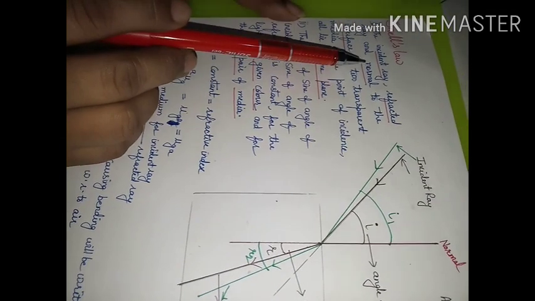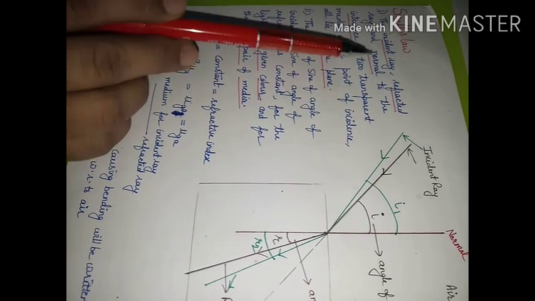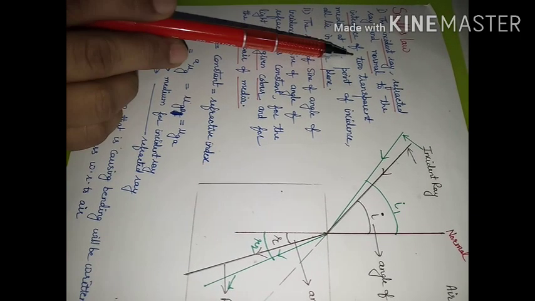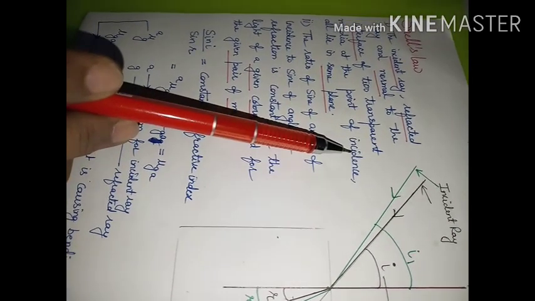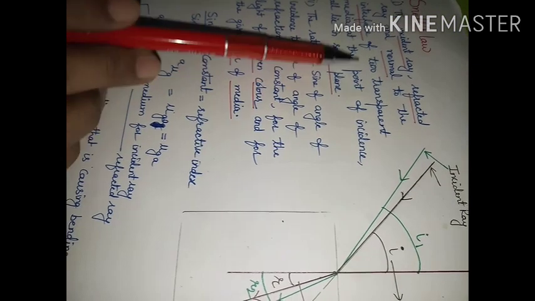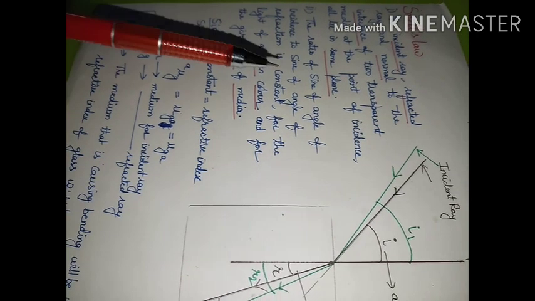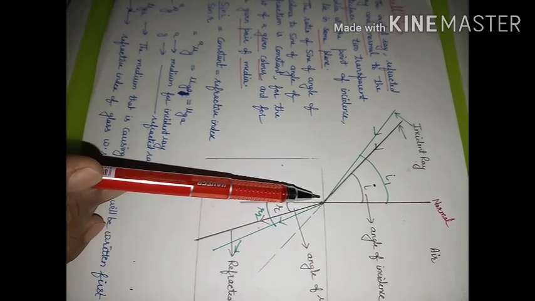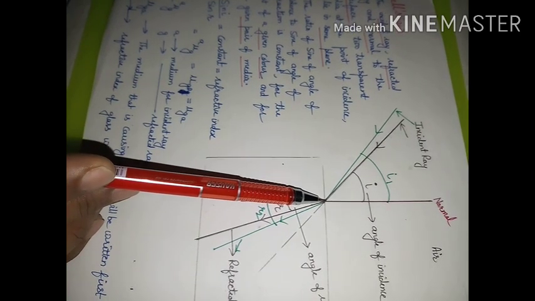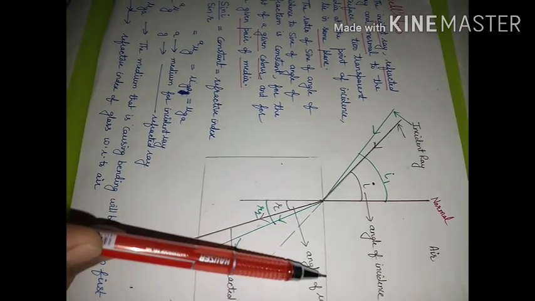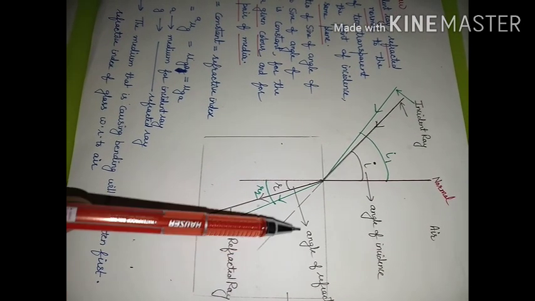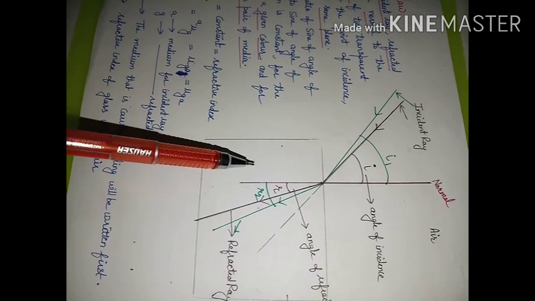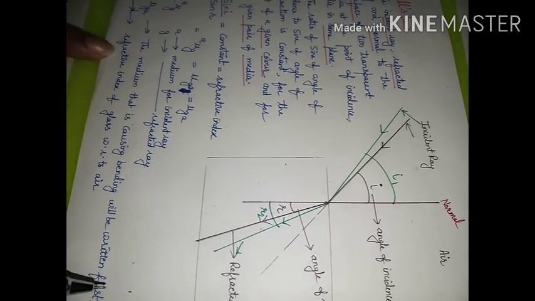So the incident ray, refracted ray, and normal to the interface of two transparent media at the point of incidence, all lie in the same plane. And where is this point of incidence? At the interface, the face that is separating the two media. All are going to lie in the same plane. This paper is a plane.